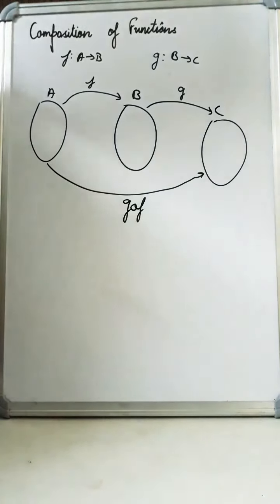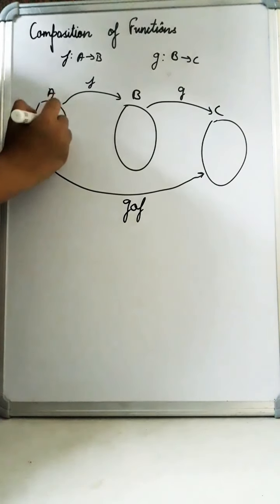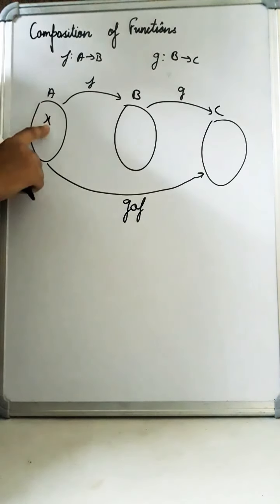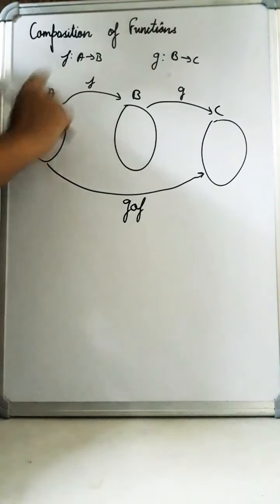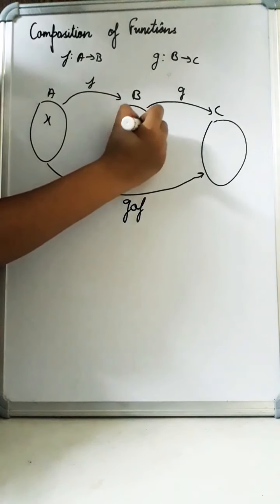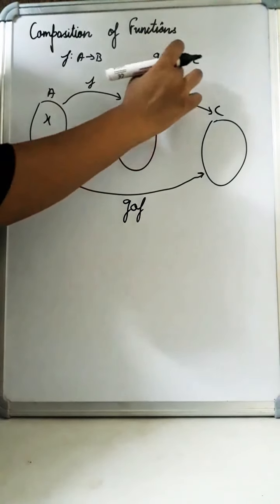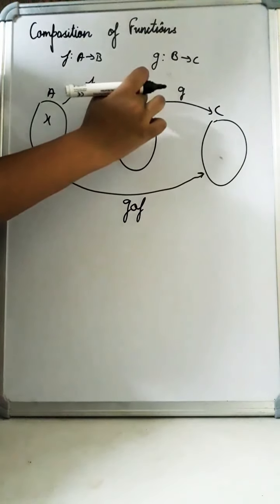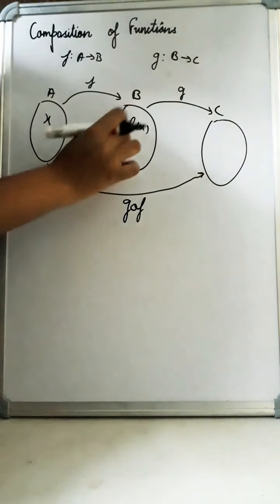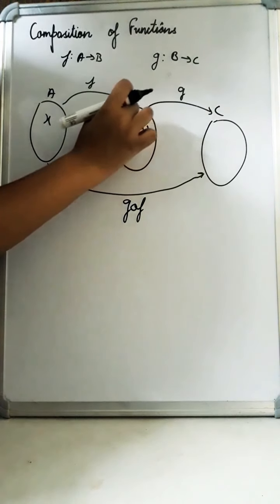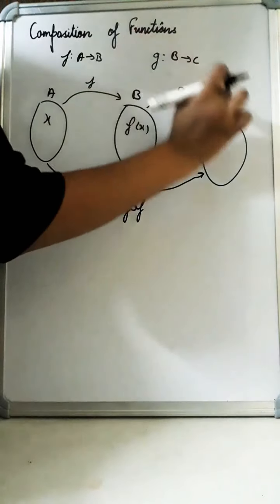Now let us see. Suppose there is an element x. So when this is treated with the function f, what will we get in the image? f of x. Alright. I hope this is clear to you from the previous topics. Now for the function g, this B is the domain, right? So now when this element is treated with the function g, what will we get in the codomain?